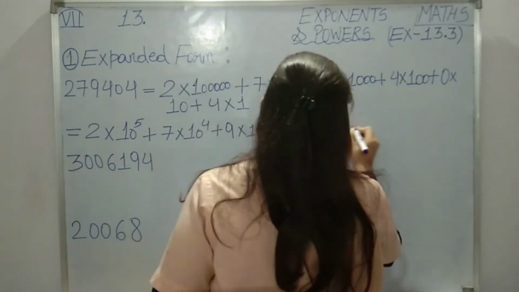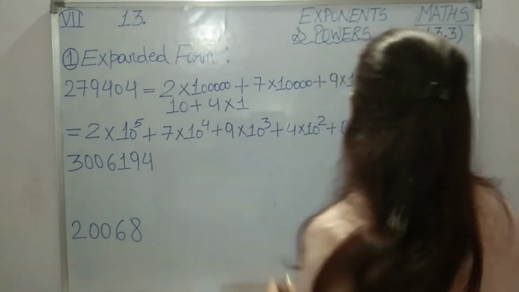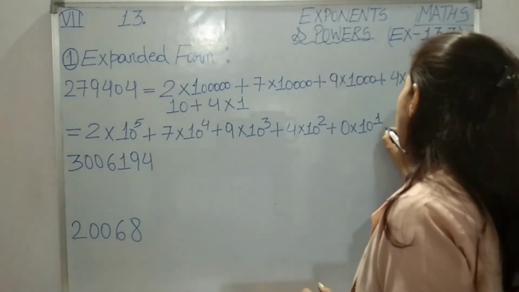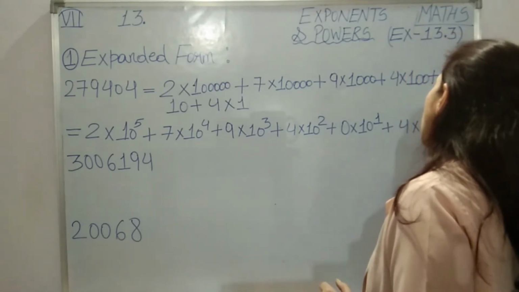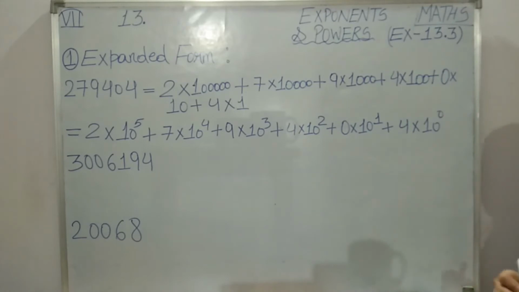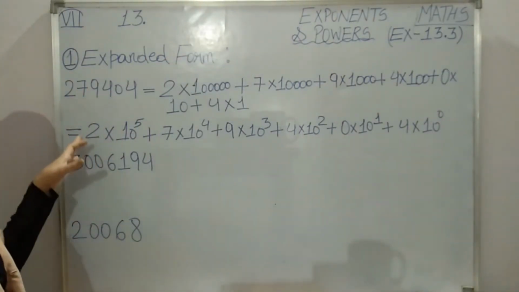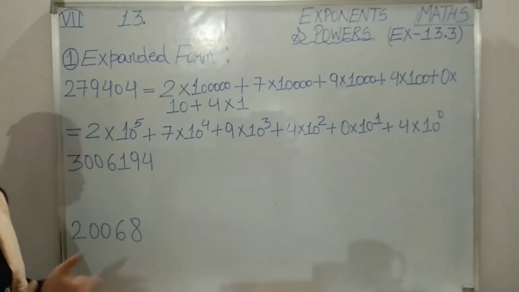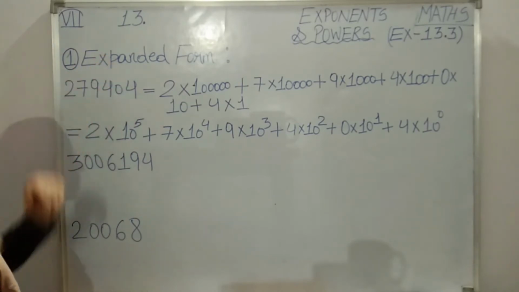Then 0 into 10 raised to the power 1, if nothing is there. Then plus 4 into 1, means 4 into 10 raised to the power 0. So like this we have written the number in expanded form using exponential notation. So like this you have to write the numbers in expanded form.